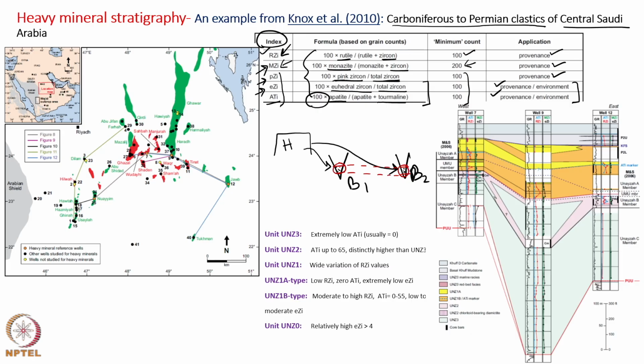Now, coming to the study area of central Saudi Arabia, this is the map and the red rectangle indicates the portion we are studying, that is the Red Sea. Out of so many locations, let us focus on location 7, location 9 and location 12.